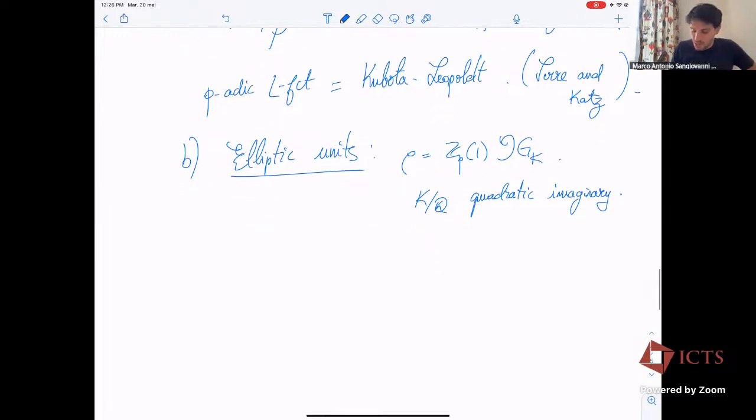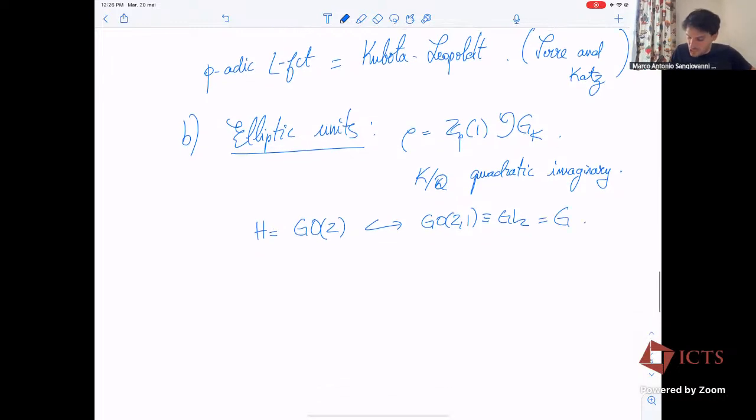Okay, so now what are the groups? Well, H is going to be, say, GO2 for the norm form of K, inside GO2,1, which is just another way of saying that it's GL2. So this is the group G. I'm interpreting this with respect to GO2 and GO2,1 just because of Prasad's remark yesterday that all these examples come from GGP, really. So this would be orthogonal GGP.